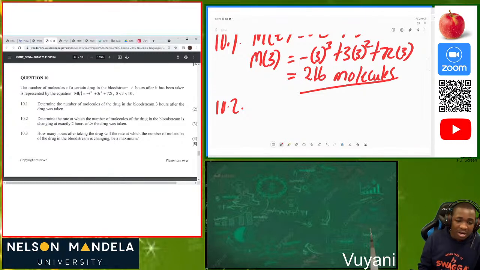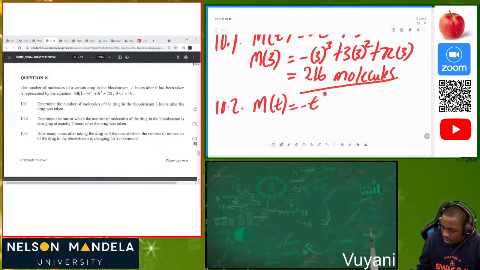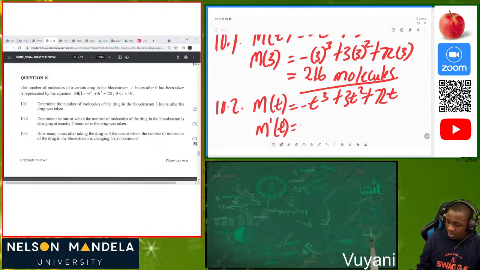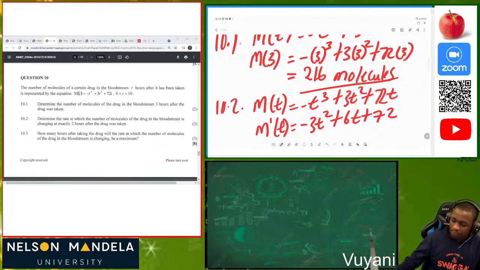So we have to determine the first derivative of m of t, which is equal to negative t cubed plus 3t squared plus 72t. So m prime of t, which is the derivative, will be equal to negative 3t squared plus 6t plus 72.